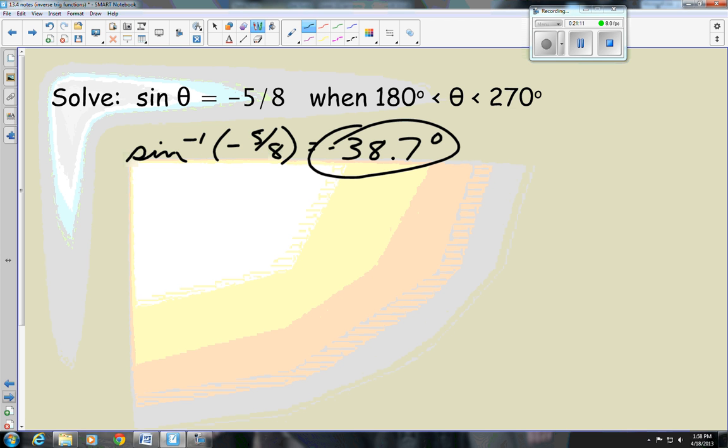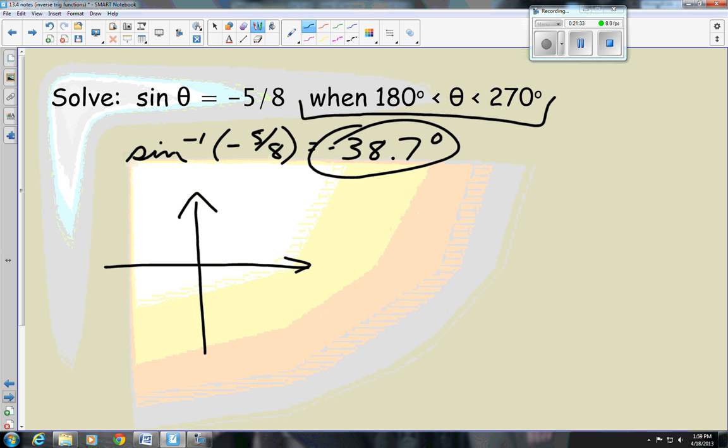Now, if there's a second part to the problem, and it says I want that angle when it's in between 180 and 270, what quadrant is that in? The third. That's right, that's the third quadrant. So that means this is my reference angle right here, or I'm going to use it to find my reference angle.